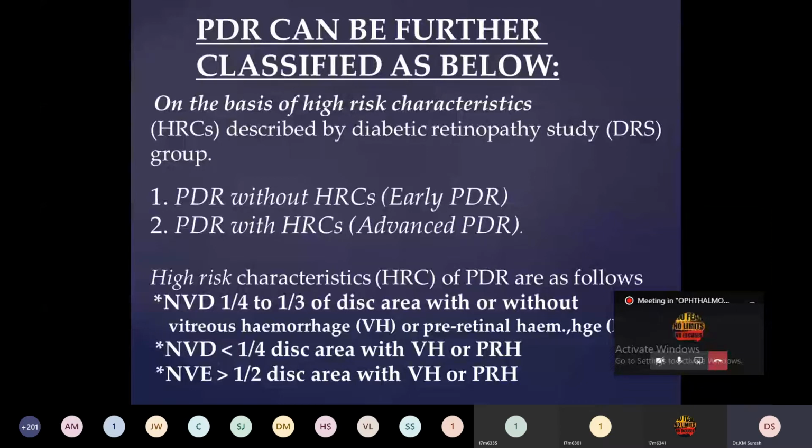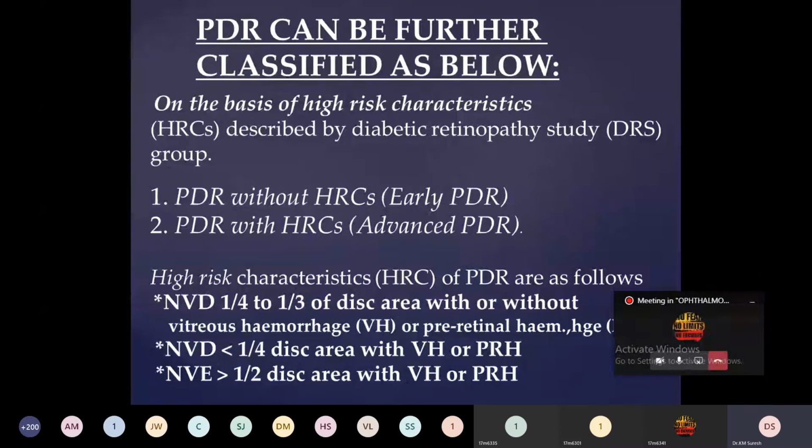Neovascularization of the disc of 1/4 to 1/3 of the disc area, with or without vitreous hemorrhage or pre-retinal hemorrhage, has a risk. NVD lesser than 1/4 disc area with vitreous hemorrhage or pre-retinal hemorrhage can also be of high risk characteristic.